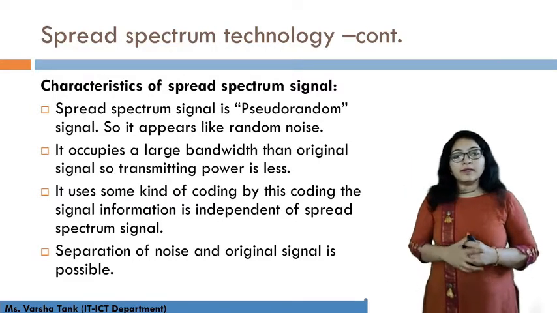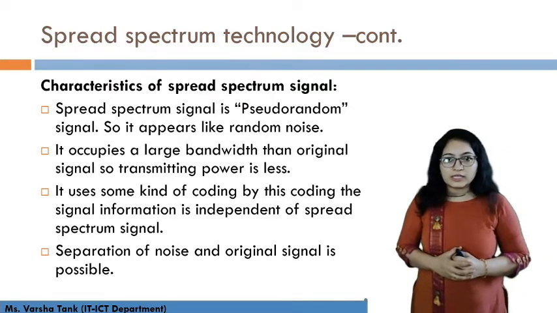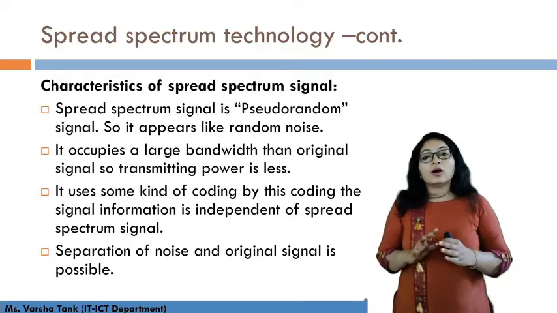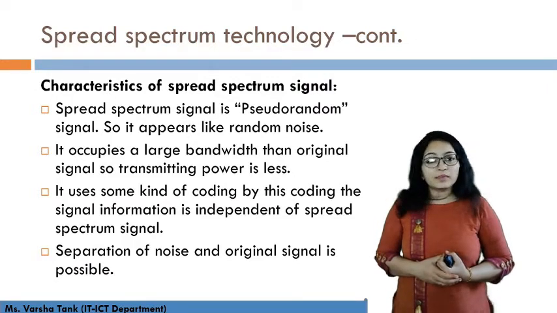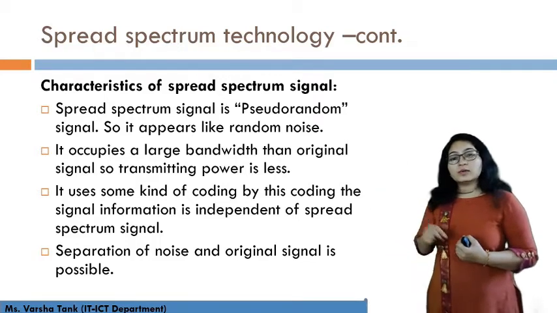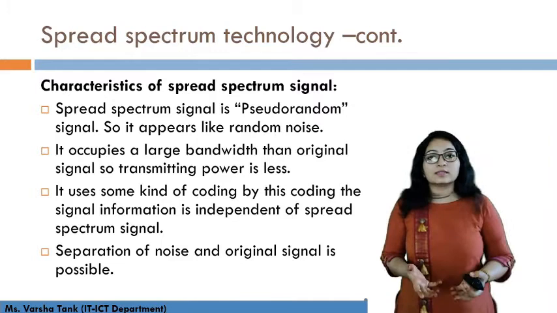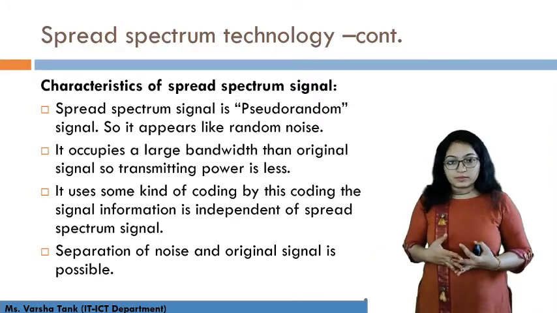The second point is that it occupies a larger bandwidth than the original signal, while the transmitting power is less. It occupies the entire bandwidth and requires less power. Next, it uses some kind of coding, and by this coding the signal information is independent of the spread spectrum signal.